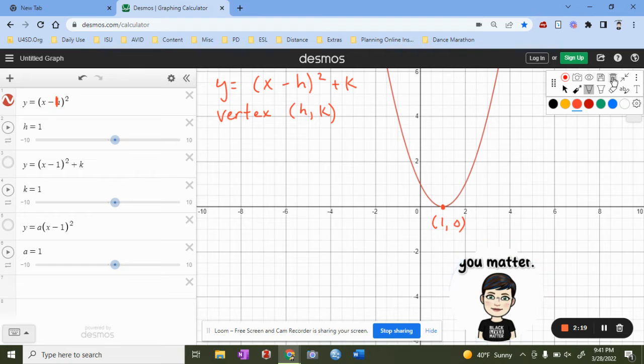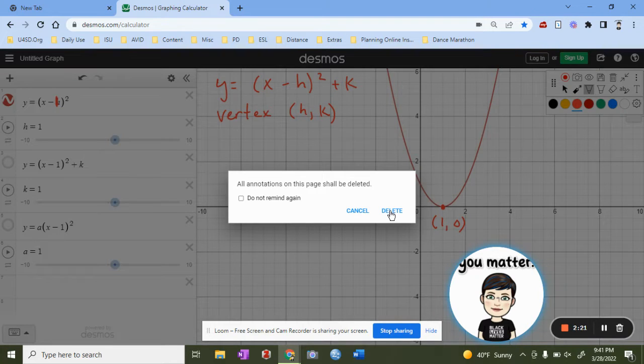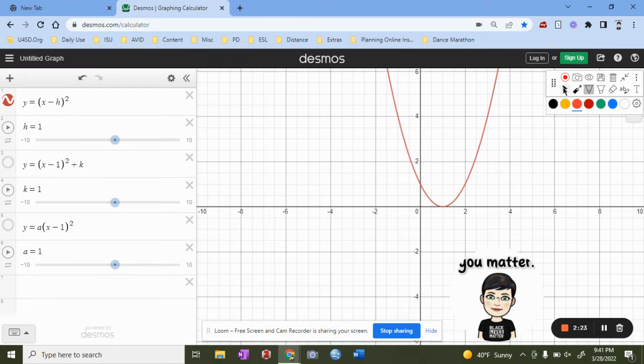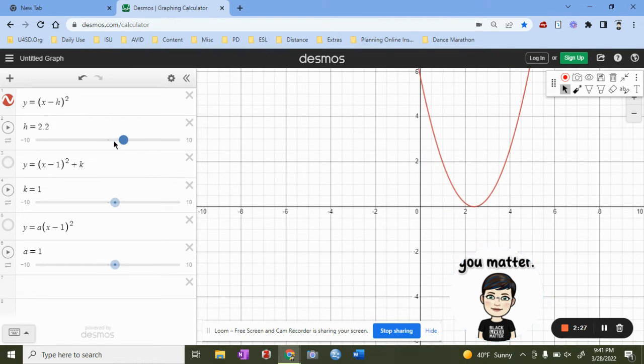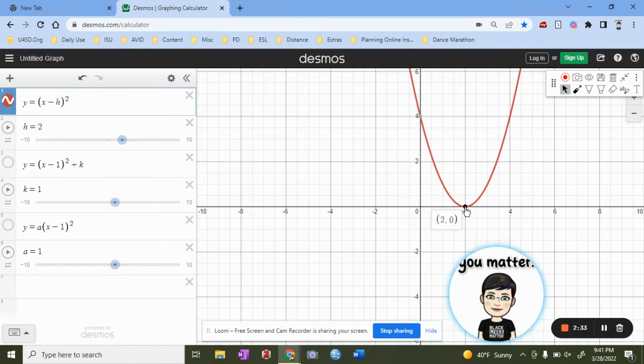What happens if we change that h value? So here's where I'm going to delete. We're going to slide this over. What's happening? So let's make h 2. So when I come over here, that vertex becomes 2, 0. Interesting.